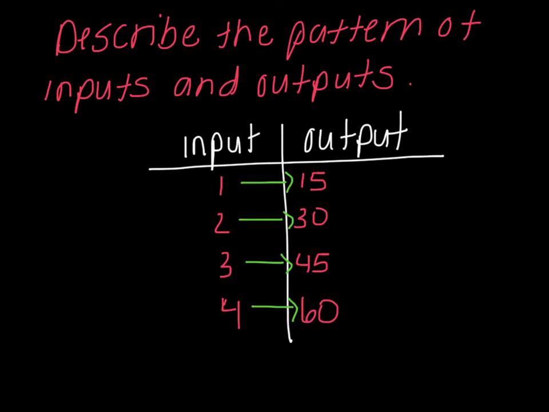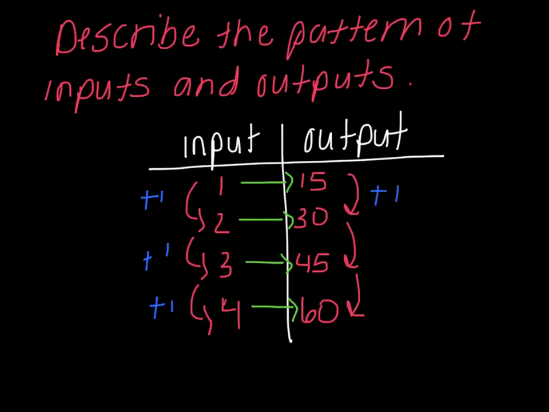This is another kind of example you might see with a mapping diagram. It's asking you to describe the patterns of the inputs and outputs. And this is very similar to the sequences that we've already done. So you want to look at the pattern between the inputs and the outputs. So on the input side, each is being increased by 1. On the output side, each is being increased by 15.